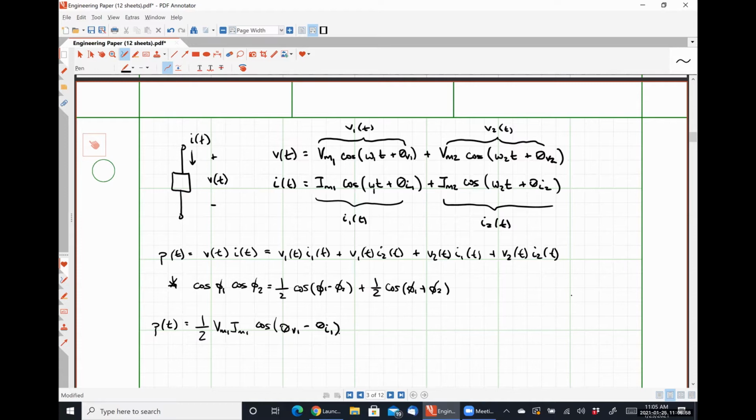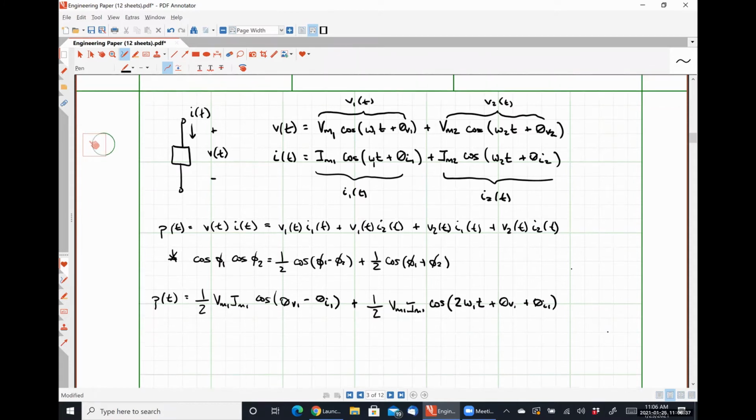So we're getting a DC term to start off with, plus 1/2 Vm1 Im1 cosine twice omega 1t plus theta V1 plus theta I1. So our first product term gives us power at two different frequencies. One is at 0, so we have a DC term, and the other one is at twice omega 1.